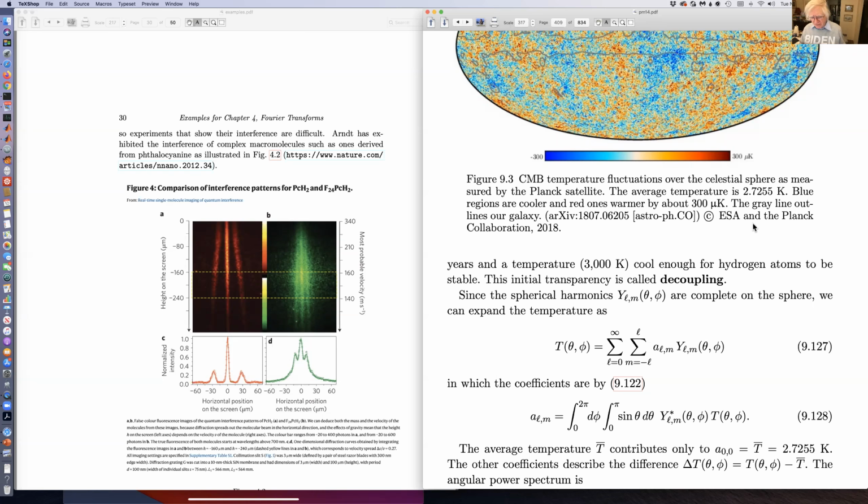And so basically the photons were no longer energetic enough to ionize hydrogen, or even to knock the ground state hydrogen atom into its first excited state.